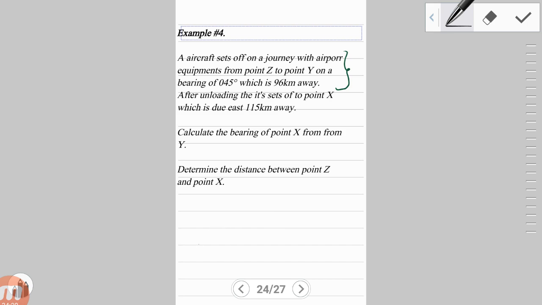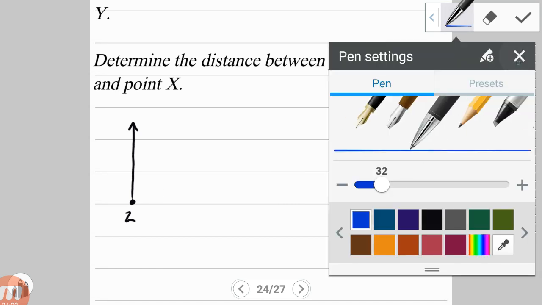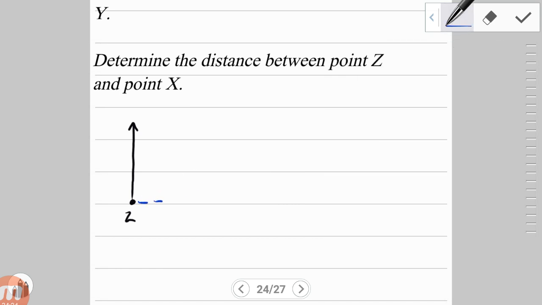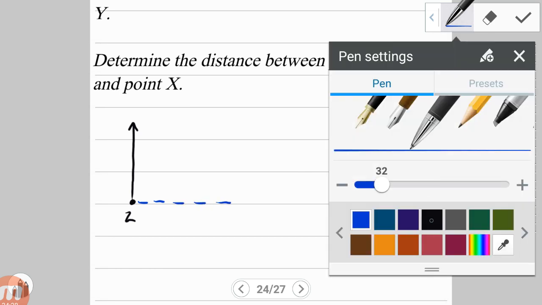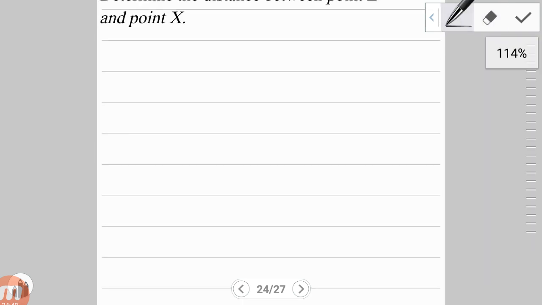So let's just put our point Z here, and we're going to establish yet again another north line, and that's 45 degrees. So all we need now is a guideline of 90 degrees. And so 45 degrees would have clearly been in the exact middle here. Let's draw it a little bit down.